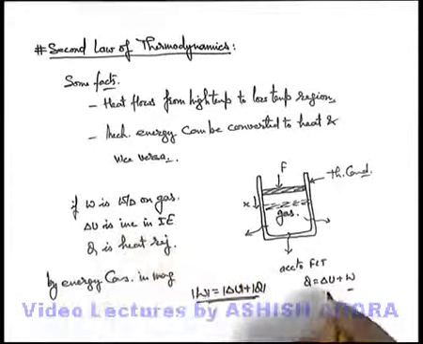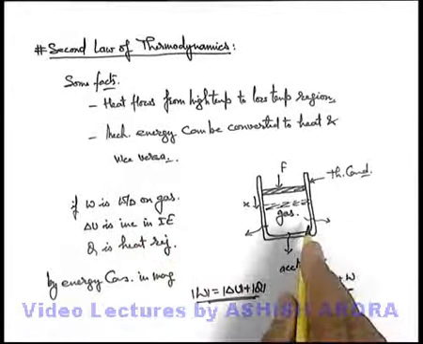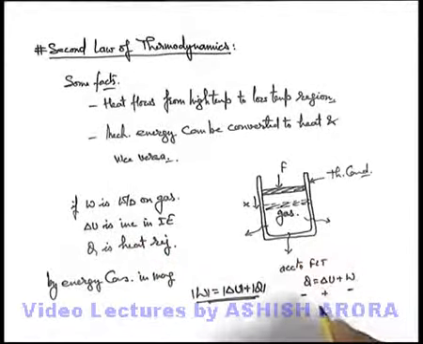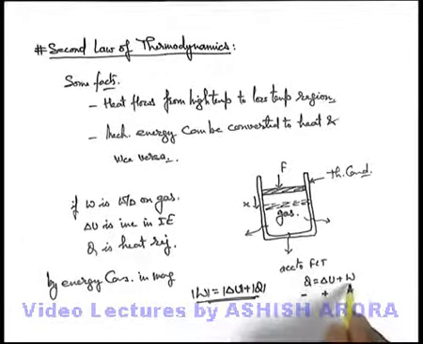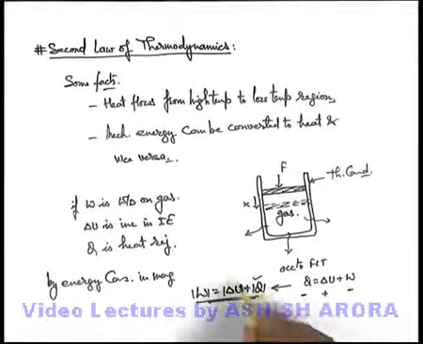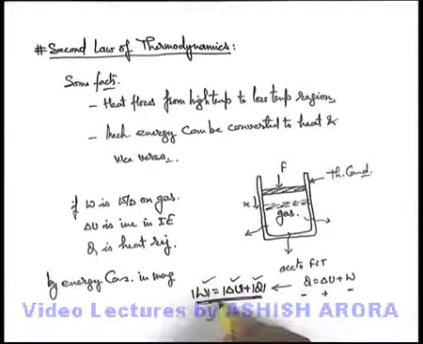Internal energy is increasing, this is positive, and heat is being rejected by the system, this can be taken negative. So W can be taken on left hand side of equality and Q on right hand side. This will become the relation which is valid according to energy conservation.